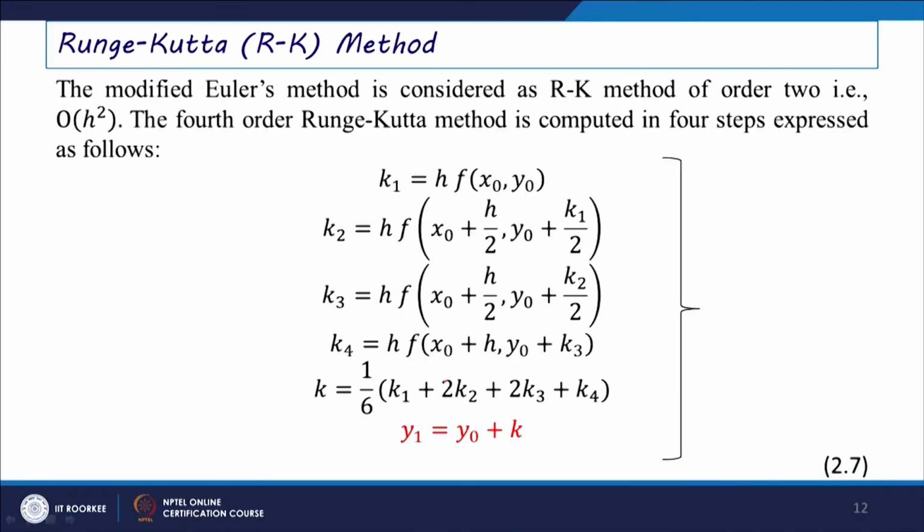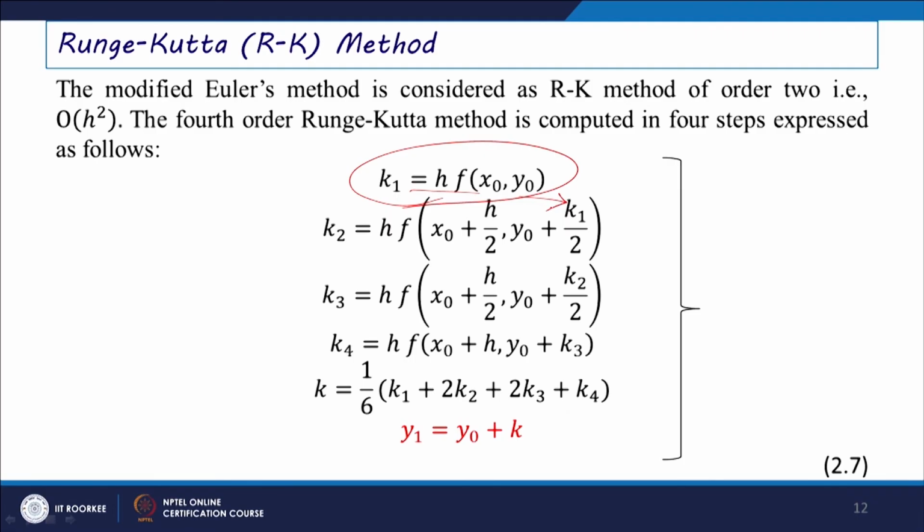Then we will go for the Runge-Kutta method. Runge-Kutta method is nothing but the improvement of the modified Euler's method. Here we consider different terms: k1 as h f of x0 y0, k2 as h f of x0 plus h by 2, y0 plus k1 by 2. This is the improvement of the k1 term.